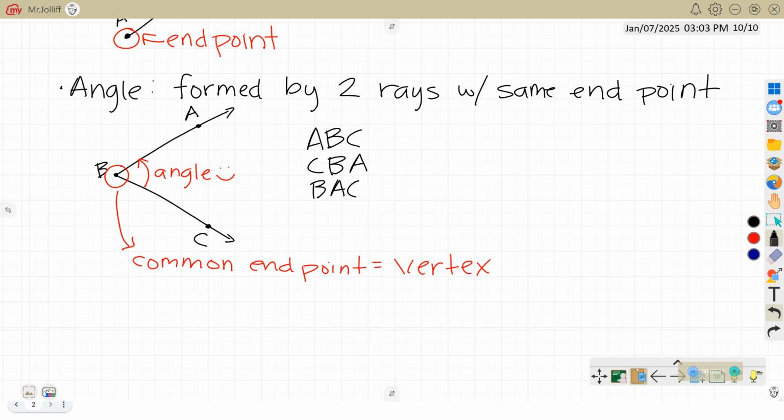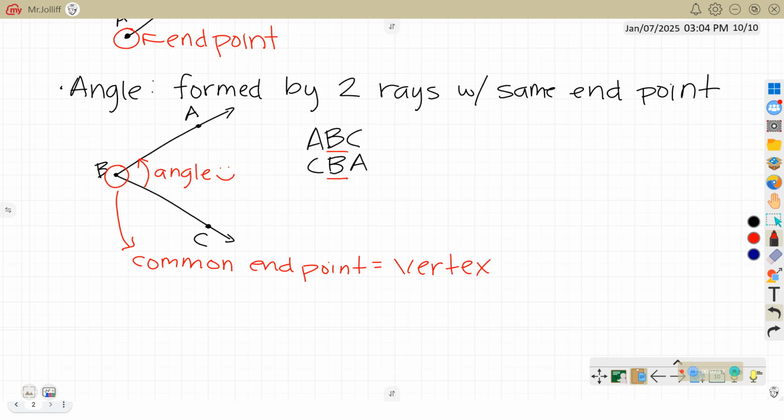Are those things all the same? So which point is the vertex of the angle? B. So this guy doesn't belong. We need this common endpoint to be in the middle of the name. So ABC is fine, CBA is fine. They describe the same angle.